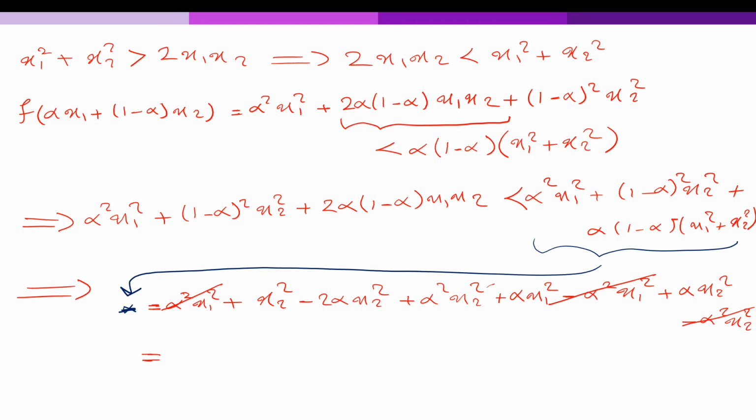Yes, this and this. We will end up with x2 squared minus 2 alpha x2 squared plus alpha x1 squared and alpha x2 squared.